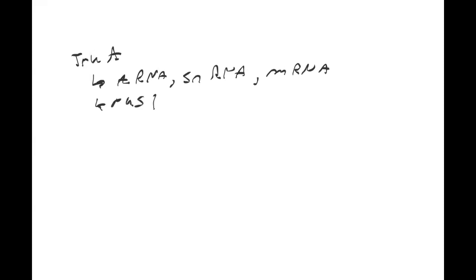This involves the transfer RNA, the small nuclear RNA, and the messenger RNA. Now, PUS1 modifies tRNA.